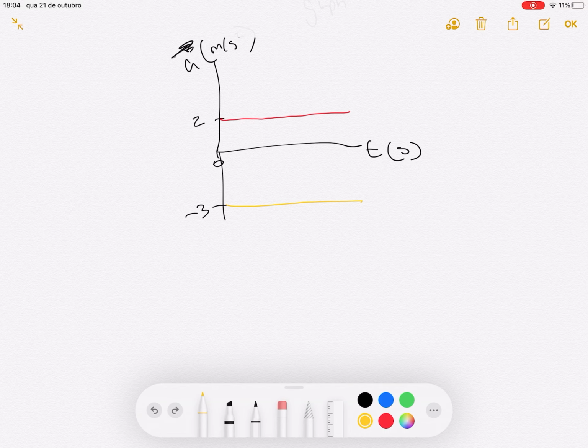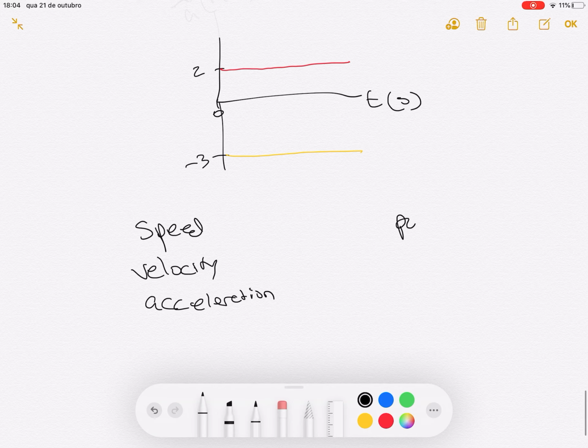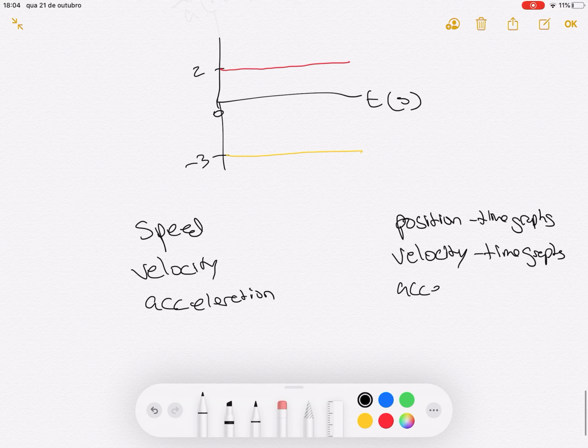And so overall, we discussed speed, velocity, acceleration, position time graphs, velocity time graphs, and acceleration time graphs. We discussed them just a little.